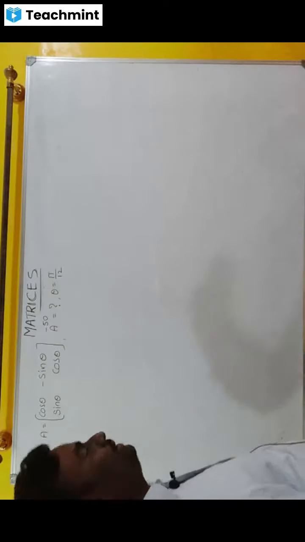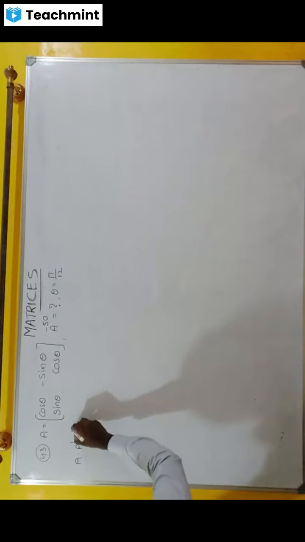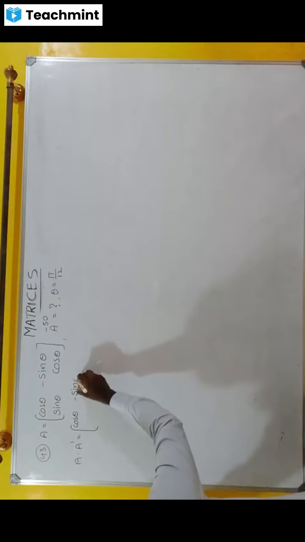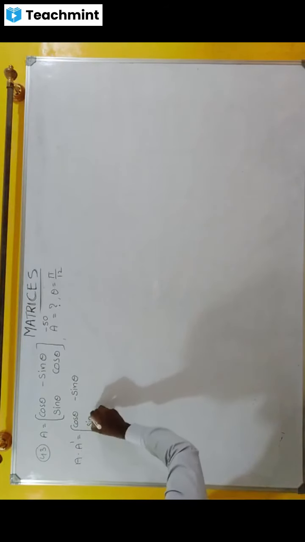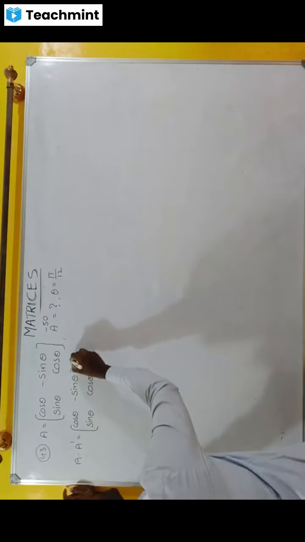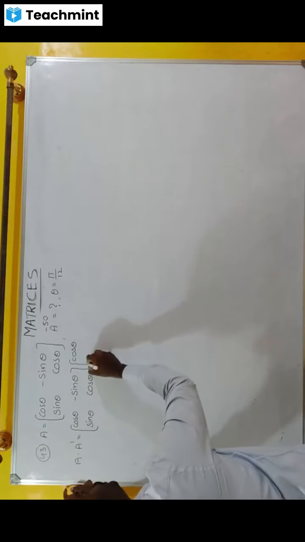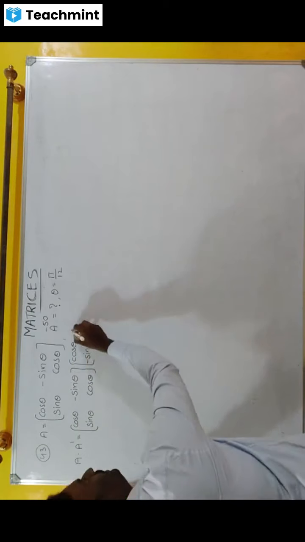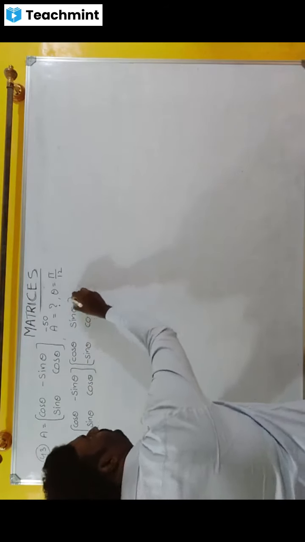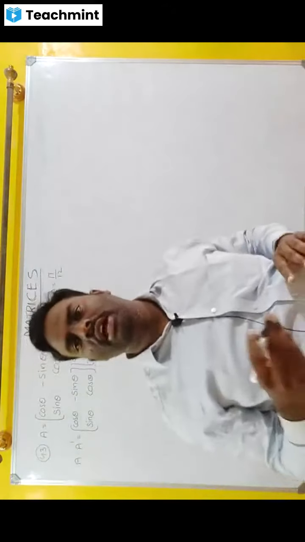So A is given. I'll find A into A dash. That is cos theta, minus sin theta, sin theta, cos theta into A dash. All of you know how to find A dash. The rows can be interchanged to the columns.